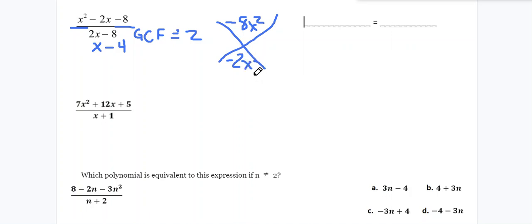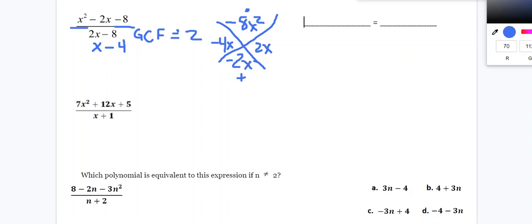Well, negative 8 times 1, but if I add those, that would give me negative 7. That doesn't work. I got negative 4 times 2. That gives me negative 8, and negative 4 plus 2 gives me negative 2. There we go. So it would be negative 4x, and it would be 2x. Those are my factors of this, right?